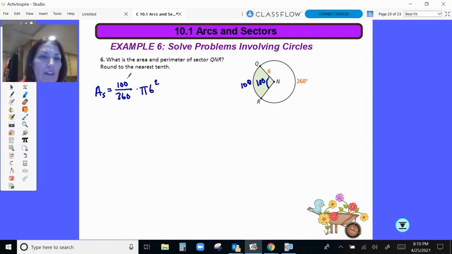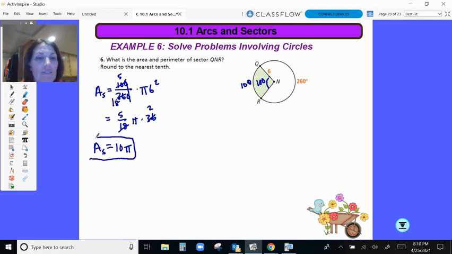If I divide those by 10, I get 10 over 36. Then 2 goes into 10 5 times, and 2 goes into 36 18 times. So I'm left with 5 over 18 pi times 36. Well, 18 goes into 36 twice, right? So this is just 10 pi. That's the area of my sector.